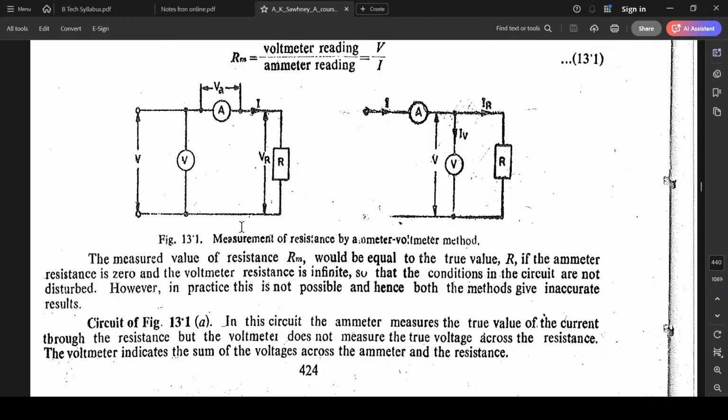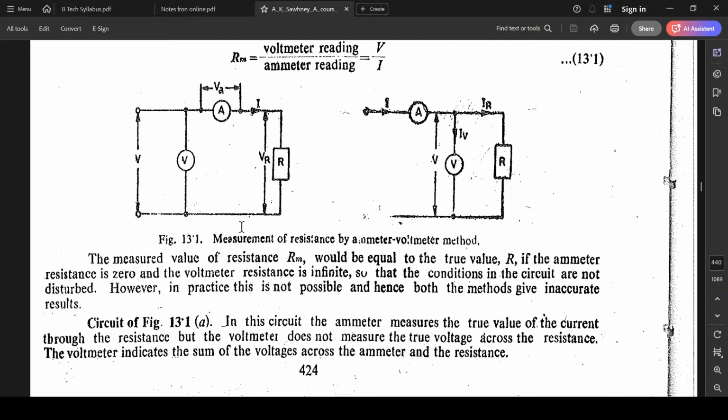R if the ammeter resistance is zero and the voltmeter... Okay, it's talking about the ideal case. And the true value is denoted by capital R. So the ideal value is R and the real value is RM, that is R measured.